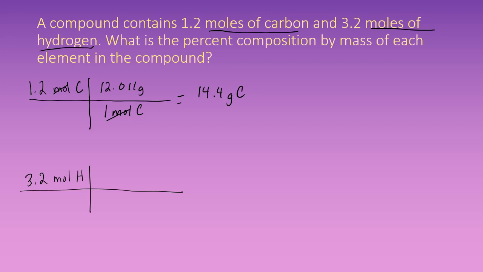And I need to cancel out moles of hydrogen, so I will look on my periodic table and see that there are 1.008 grams of hydrogen in 1 mole of hydrogen. And I put moles on the bottom here because I want to cancel out the moles on the top in the first term. So I will cancel out moles, and I see that the operation I am told to do is essentially 3.2 times 1.008.